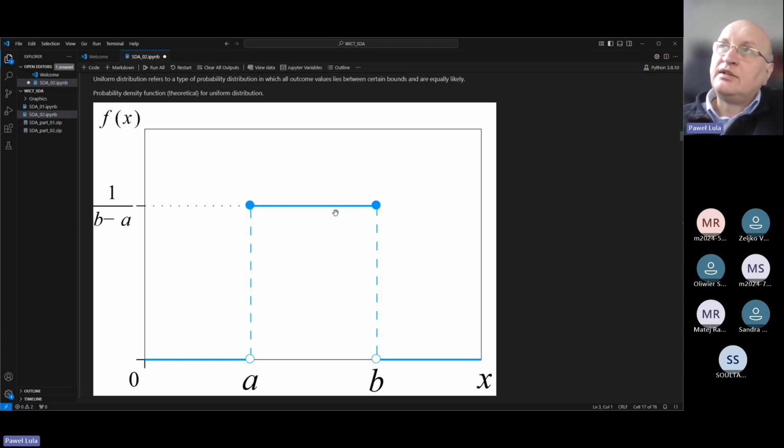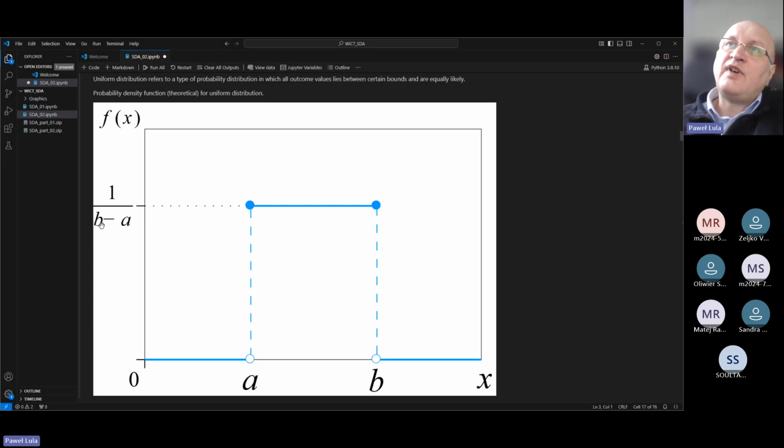It is a rectangle. So it is a line, and the y coordinate for these points is here.